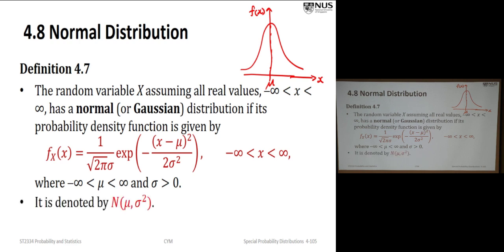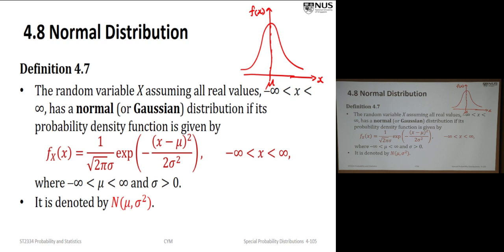We denote this normal distribution using the notation normal with two parameters: one is mu, the other is sigma square. I emphasize again, no matter which family a distribution comes from, there are some constants that determine the behavior of the distribution. There are an infinite number of normal distributions, and each one is characterized by two constants, mu and sigma square.